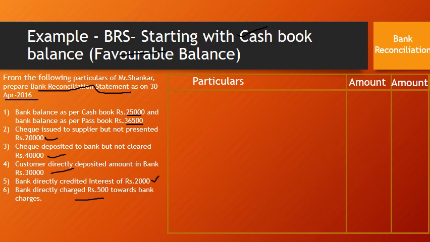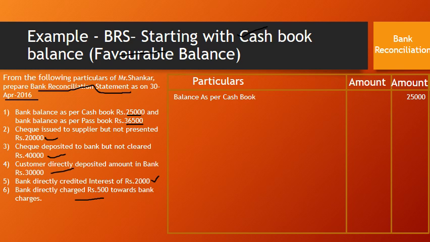The first one, bank balance as per cash book. So we are starting here as per this example. We are starting with the cash book balance. So the bank balance as per cash book or bank book is 25,000. That is my first line here, bank balance as per cash book, 25,000.